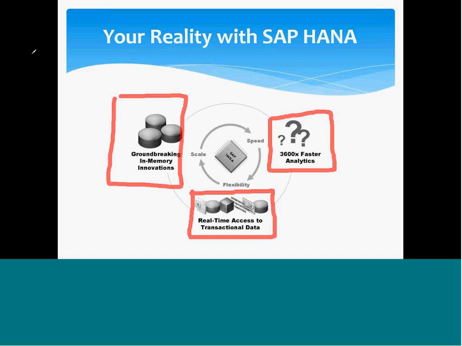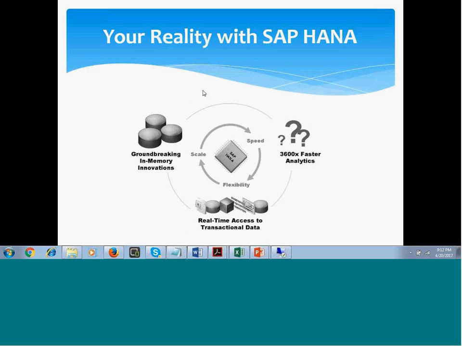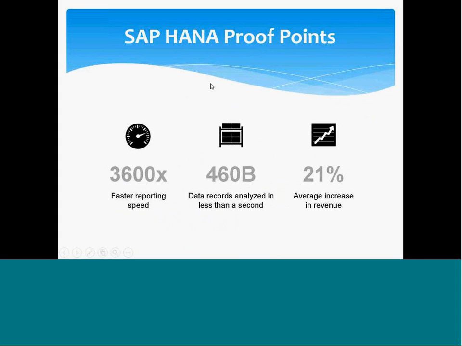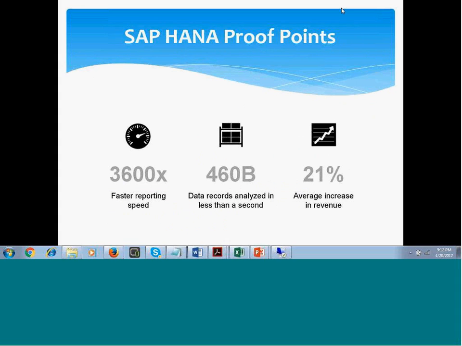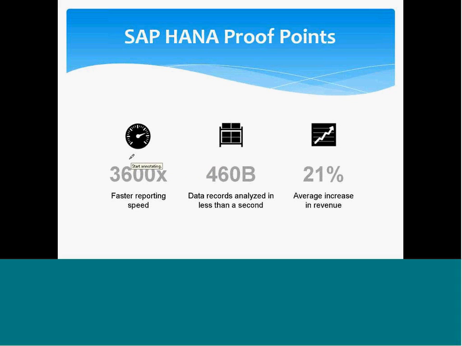So, your reality with SAP HANA. Okay, these are the proof points from SAP HANA. You will get 3600 times faster reporting speed with SAP HANA. SAP processed 460 billion data records analyzed in less than a second.